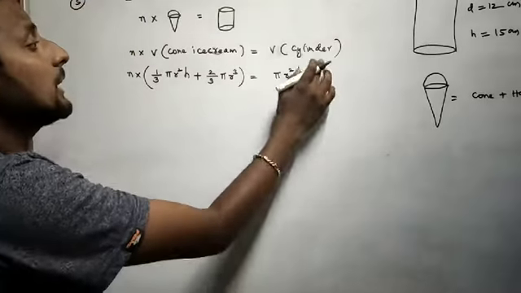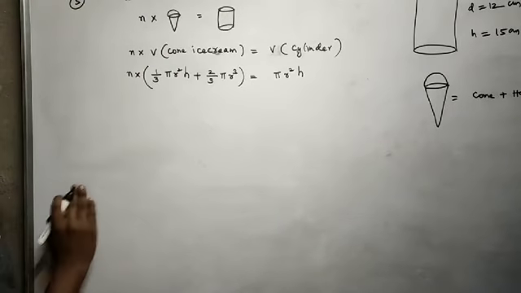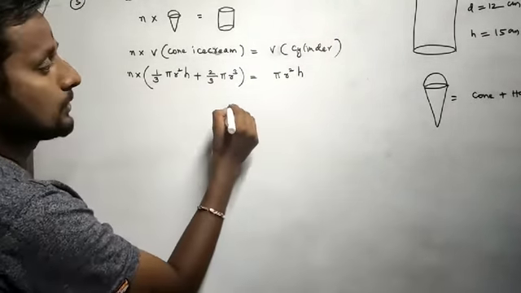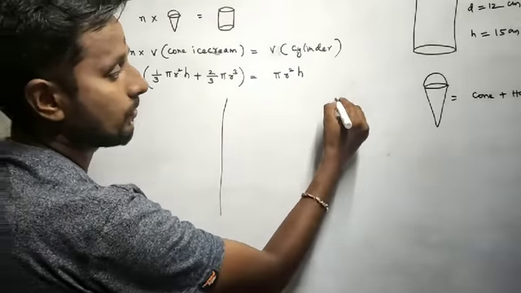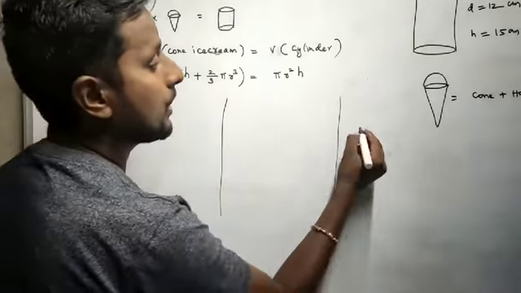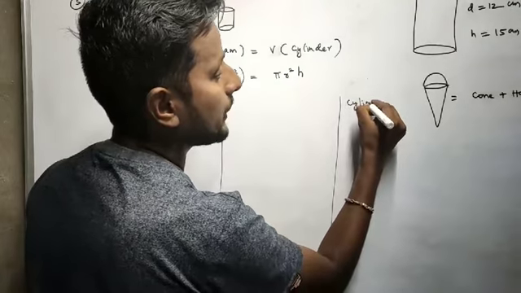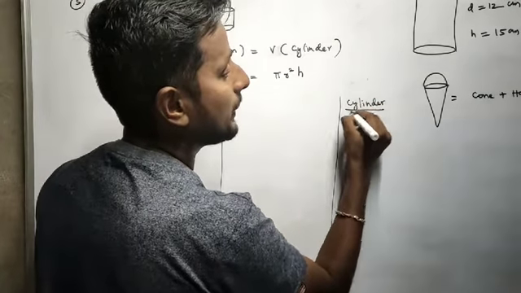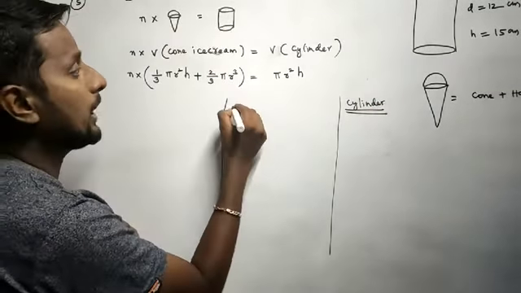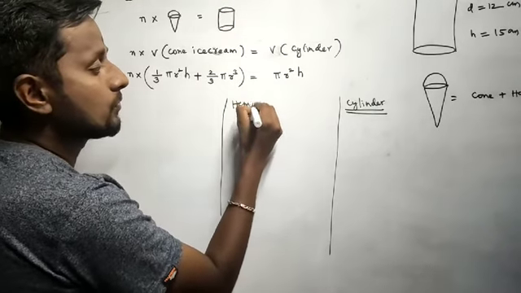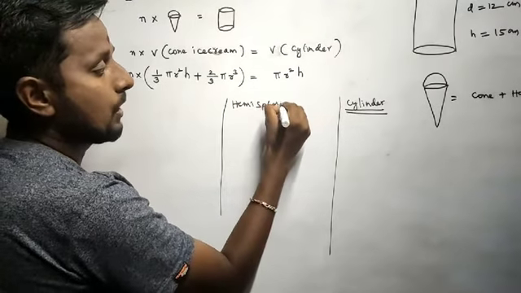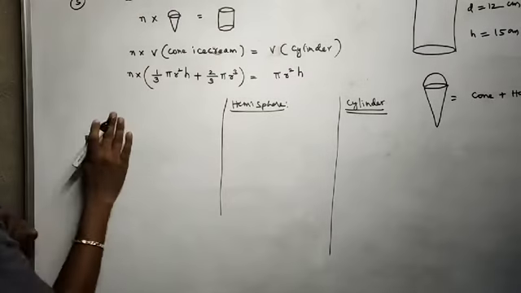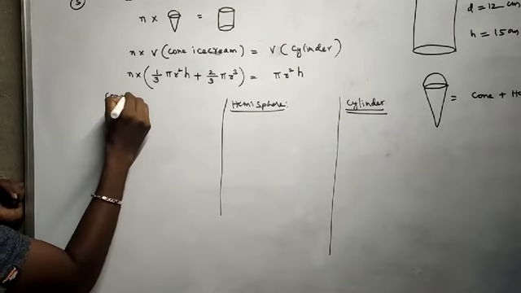This is the given information from the question. I will simplify the cylinder, here the hemisphere, and here the cone.